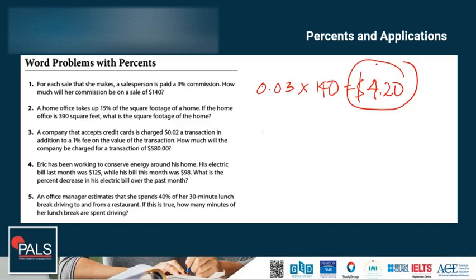Number 2, a home office takes up 15% of the square footage of a home. If the home office is 390 square feet, what is the square footage of the home? Okay, 390 over x is equal to 15 over 100.